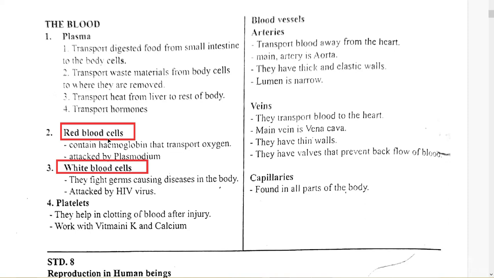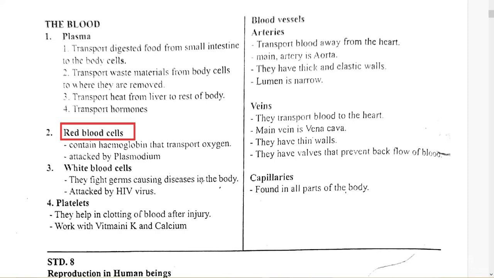So you should know. The function of the red blood cells, they contain hemoglobin that transports oxygen, and are attacked by plasmodium. So white blood cells, they fight germs causing diseases in the body. The white blood cells are attacked by the HIV virus.